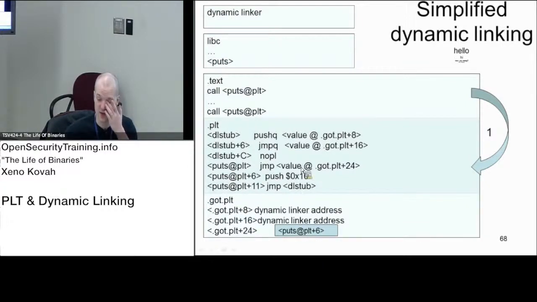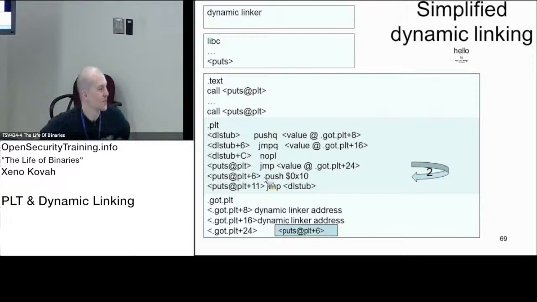Anyways, this jump is basically saying take whatever is at .got.plt plus 24, pull that address out, and jump there. And I'm saying that filled in there was the address of puts@plt plus 6. So it's actually the address of the next instruction that it's jumping to. So it's pulling a value out of the table, and it's jumping there.